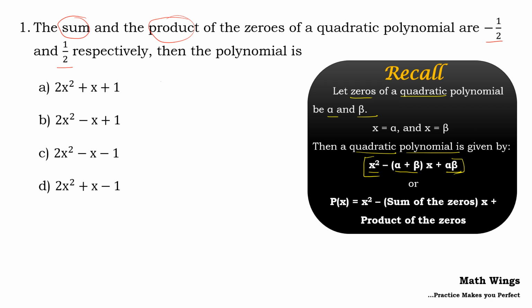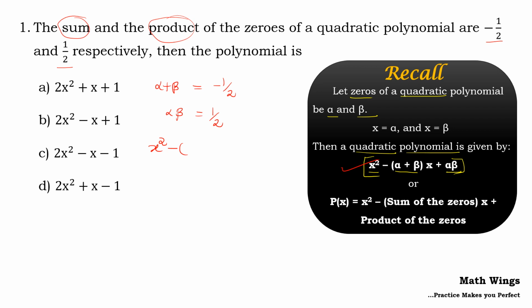We are given alpha plus beta, which is the sum of zeros, equal to minus half. Also, we are given the product of zeros, alpha into beta, which is equal to half. Therefore, we can write the quadratic polynomial using this formula. We have x squared minus, in the bracket, alpha plus beta.